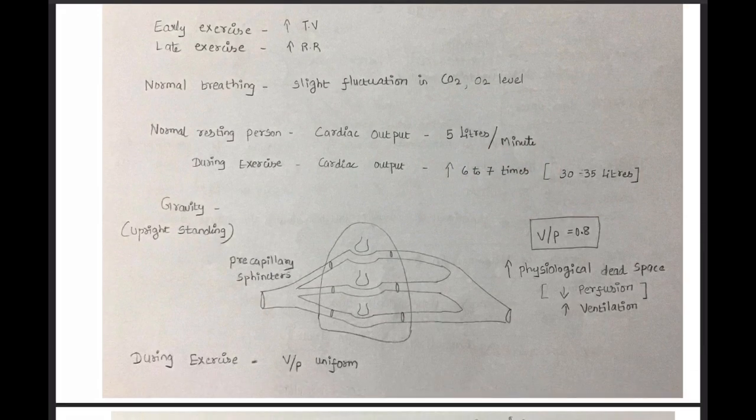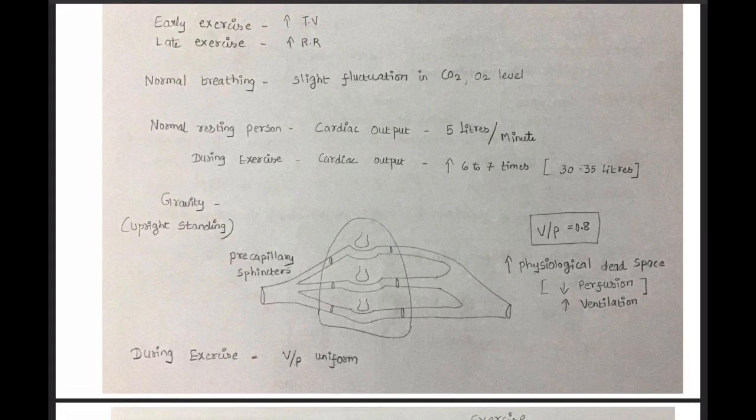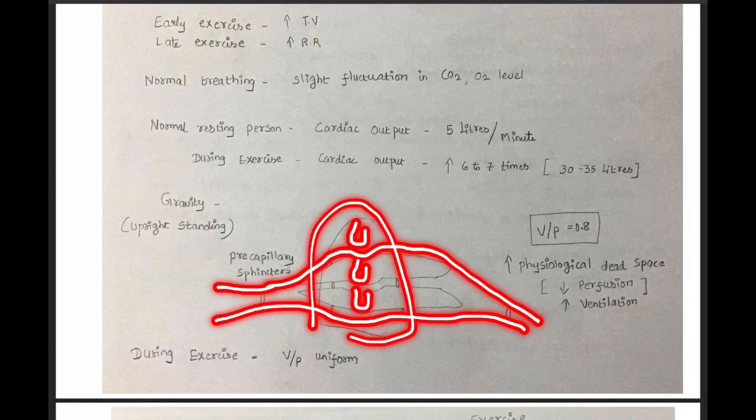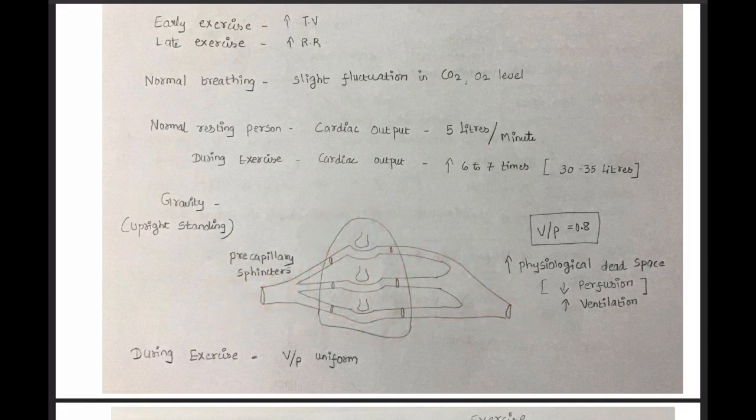So let us go to the lungs. In the lungs, you know that this is the pulmonary artery, and these are the pulmonary capillaries, and this is the pulmonary vein, and here you have the alveolar sac. In pulmonary capillaries you have precapillary sphincters.